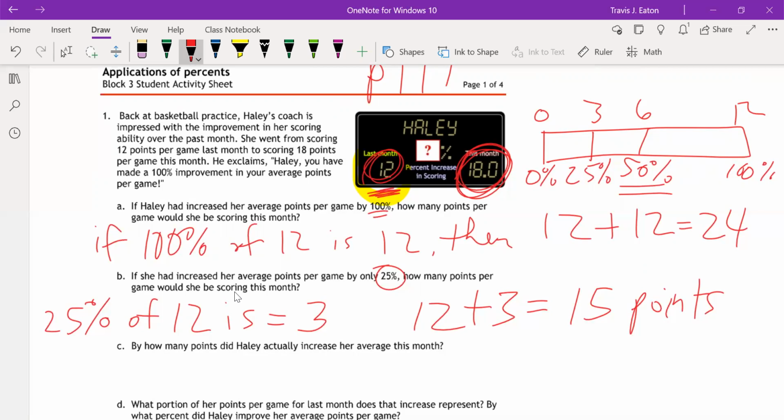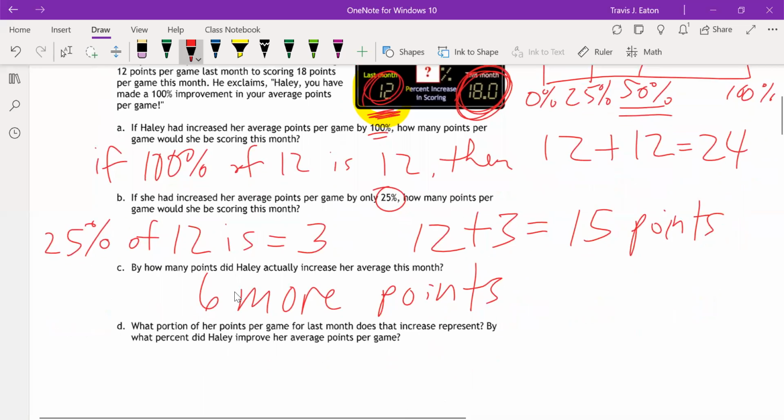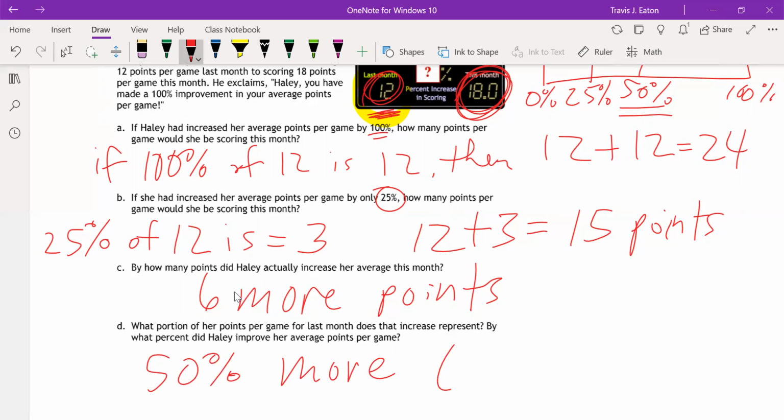So she scored 6 more points per game, and that increase is a 50% increase. So by what percent did she improve her average points per game? 50% more.